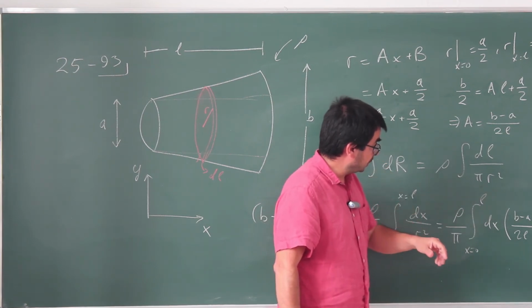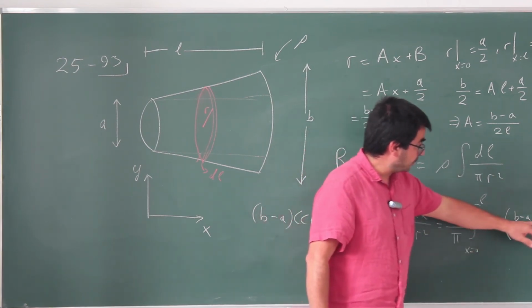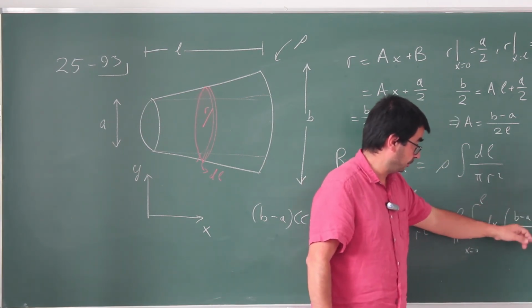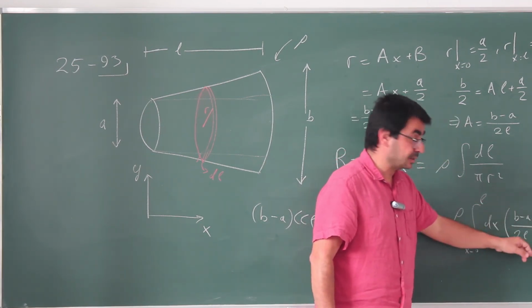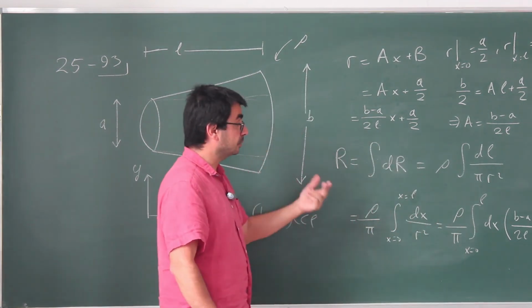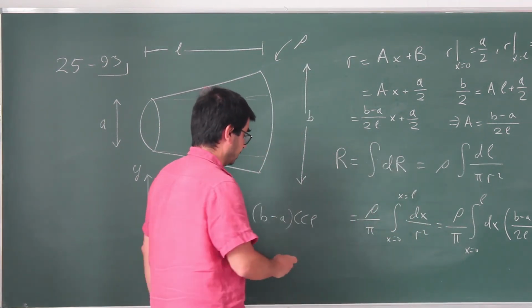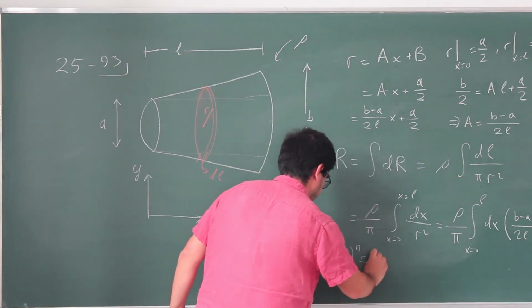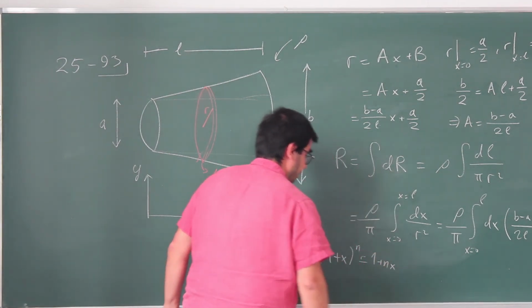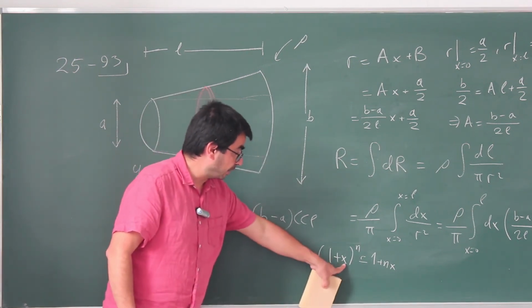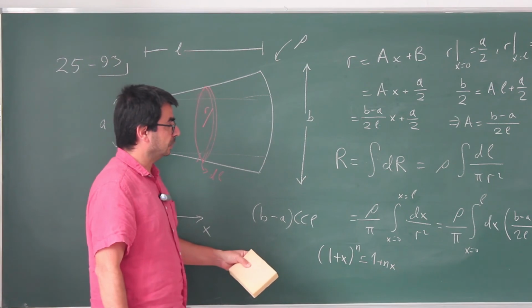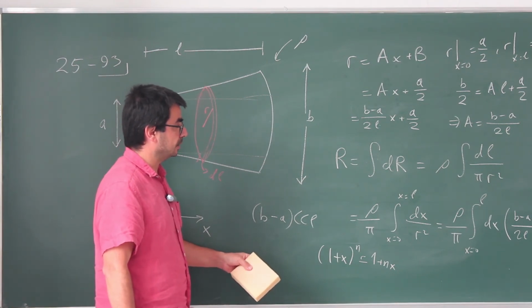So what we can do is divide everything by a over 2 and turn this into an expression that looks like 1 plus a small number. And then with 1 plus a small number, you can use the binomial expansion. 1 plus x to the n is approximately 1 plus n times x, if the absolute value of x is much smaller than 1. So you can use that to actually get the integral a bit easier.